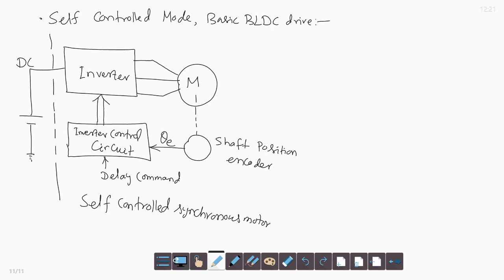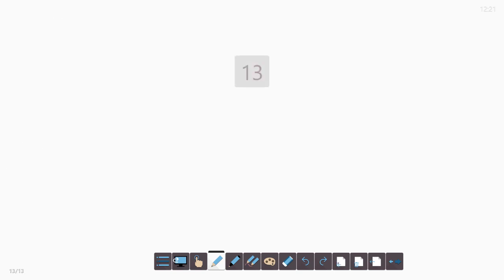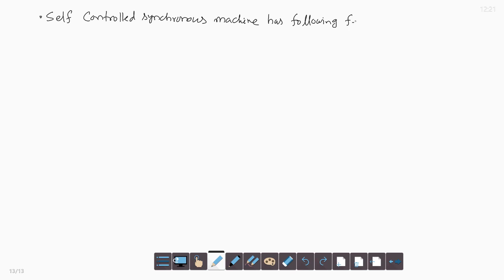It has characteristics just like DC motor characteristics. Let us compare it with a DC motor. The self controlled synchronous motor has the following features.